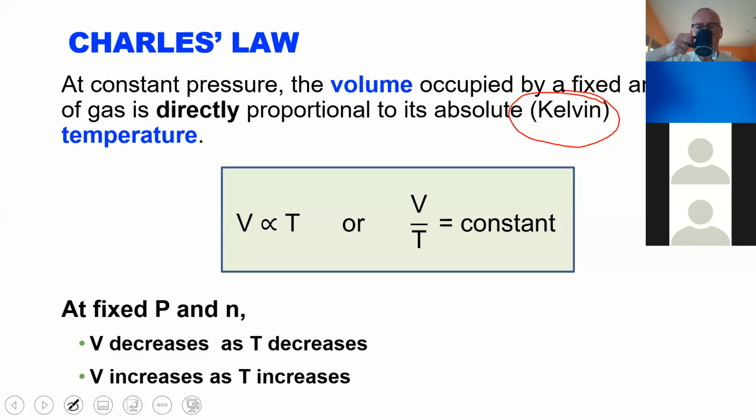All molecular motion stops. Yeah, they stop moving. And so when we're talking about gases, basically all of the properties we've been talking about so far are related to the fact that they move. If the gas molecules can't move, there can't be any pressure, because they're not able to hit the sides of the container if they're not moving.